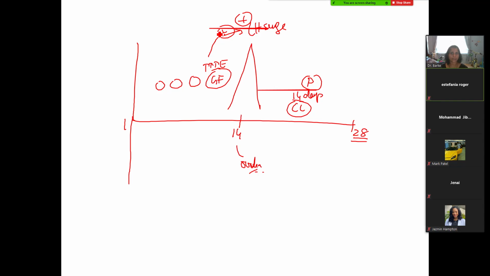What type of feedback is this an example of? Positive feedback. What will happen to the number of receptors as well? Increasing. So that's an example of upregulation of receptors, where increased hormone will increase the number of receptors also. So this is an example of positive feedback and upregulation.